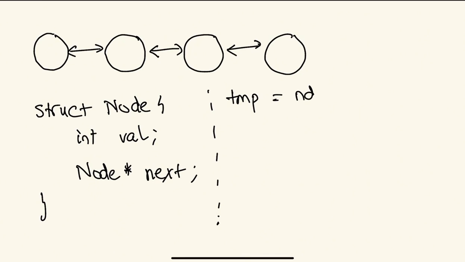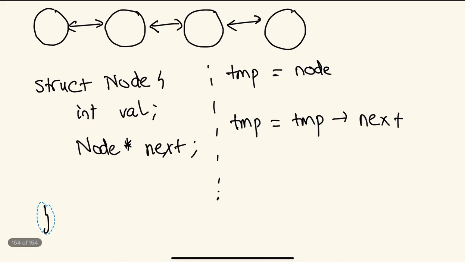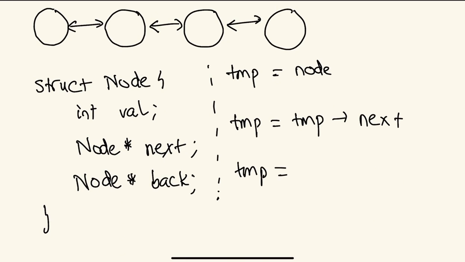If you want to go to the next node, it's just tmp equals tmp.next. That's how you iterate in the singly linked list. And in a doubly linked list, it's even more straightforward. If you want to go back, you just add a node pointer back like this. And then if you want to go back, you just set tmp equal to tmp.back.